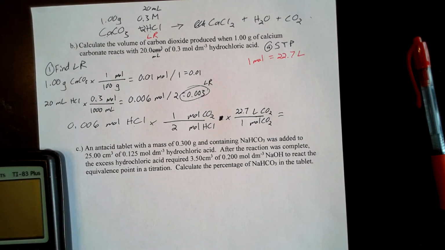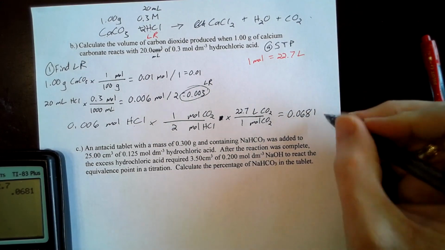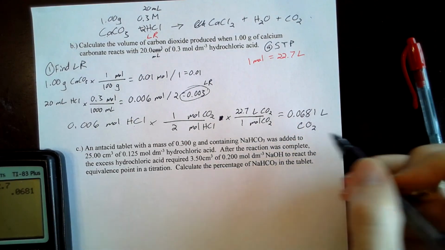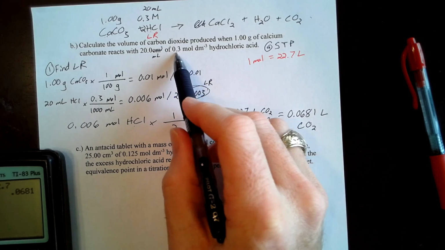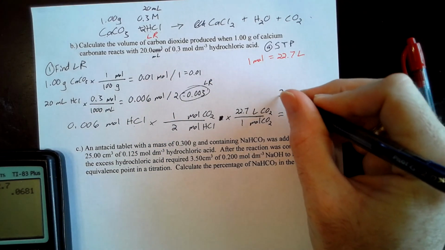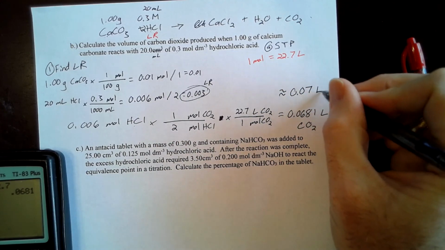That's 0.006 divided by 2 times 22.7, and that's going to be 0.0681 liters of CO2. That's 3 sig figs. We should round to 1 because there's 1 sig fig here. So let's round to 0.07 liters of CO2.